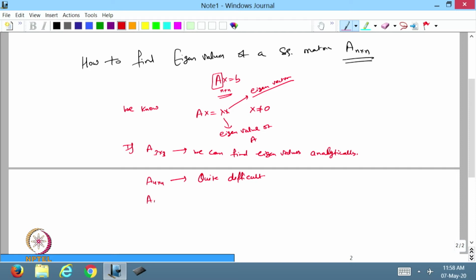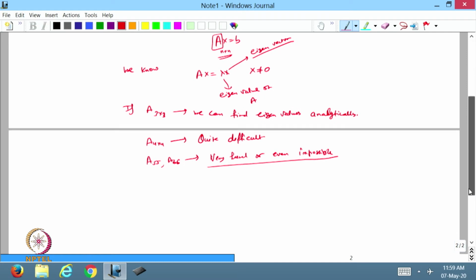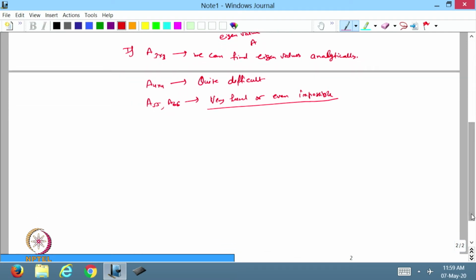And then for 5 cross 5 and so on, it is very hard, or even impossible. So, to find this we take the help of numerical computation.